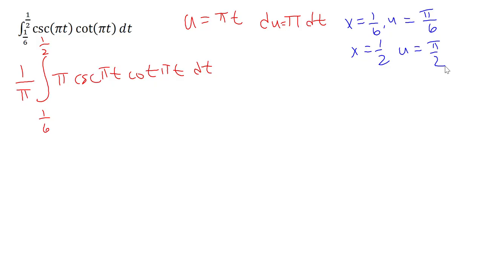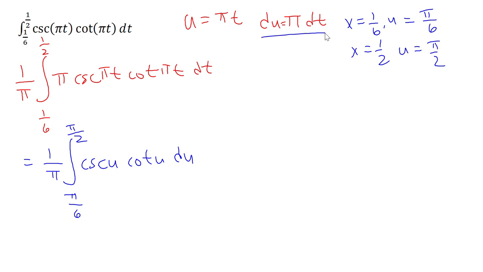And so now we can rewrite our integral as 1 over pi times the integral from pi over 6 to pi over 2 of just cosecant u cotangent u du, right? And that pi with the dt turns into our du.